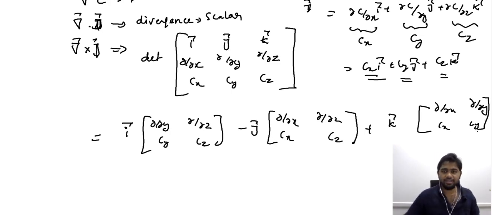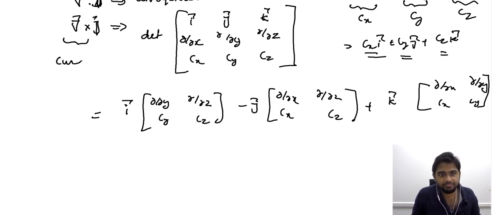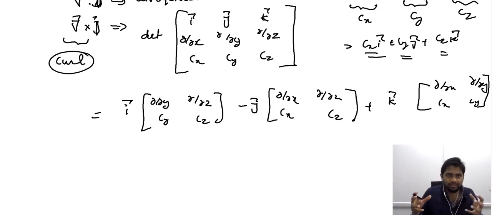Now what we have done is considered the cross product between the nabla operator and a vector, and this is how the output of this cross product can be expressed. This cross product is what we refer to as curl. So when you consider the curl of a vector, we are considering a cross product between the nabla operator and the vector.